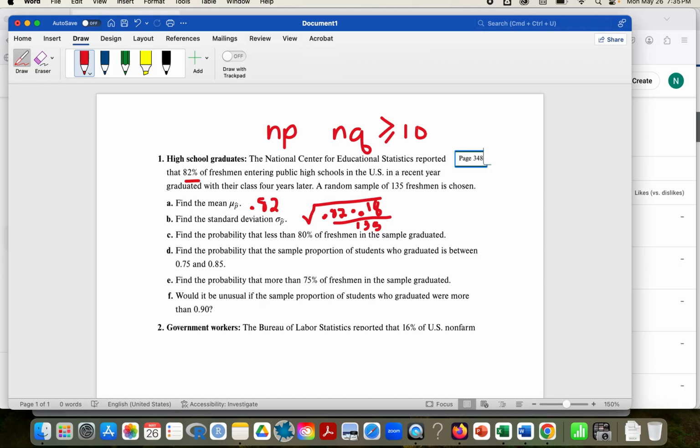If either one is smaller than 10, what we actually have to do is build the binomial probability distribution completely, and then to answer questions we have to work off of the binomial probability distribution. Okay, so we're assuming that these are greater than 10.